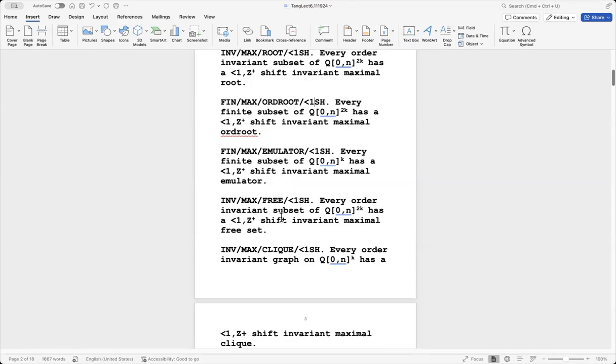Then we have every order invariant subset of Q in 2 dimensions has a shift invariant maximal free set, using the notion of free set in a relation: any 2 distinct elements are not related. And then the clique one, every order invariant graph has an invariant maximal clique.